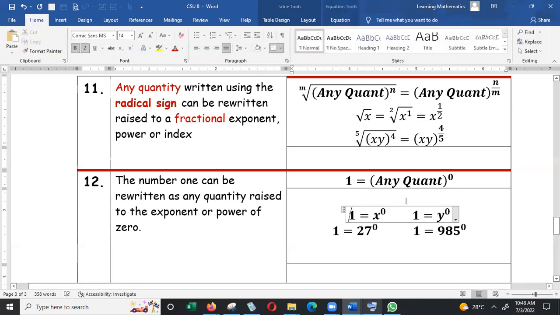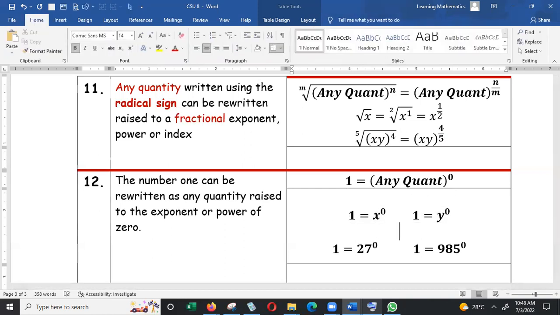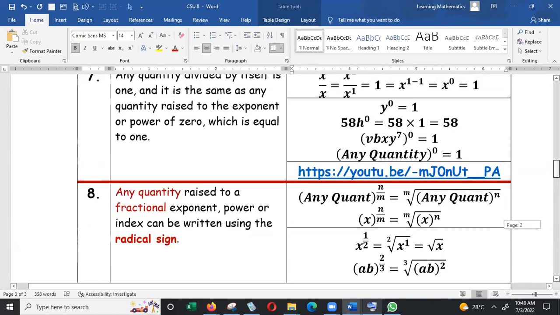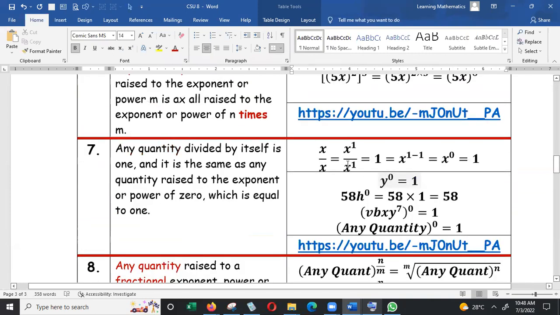1 can be replaced with any quantity raised to the power of 0, because 1 is a number divided by itself, and a number divided by itself, as we explained here, is that same number raised to the power of 1 minus 1, and 1 minus 1 is 0. Okay, so 1 can be replaced with any quantity raised to the power of 0.